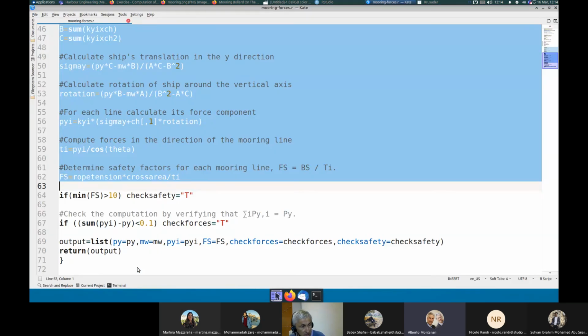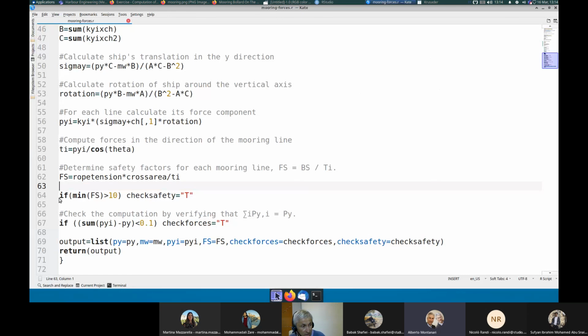Let me go back to the code and look at this instruction, which is an if function. It's a condition. You see the condition inside here.